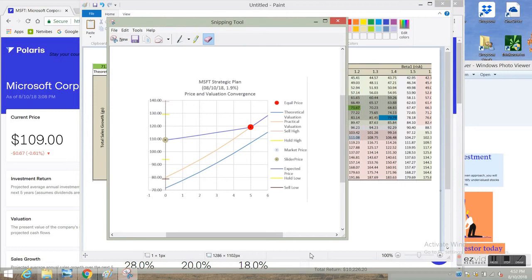Now, once you have a practical valuation, which in this graph is shown in the orange line, here today it's about $79.79, and then we assume the same increase in price that we did for the theoretical valuation, which is the blue line. So you end up with a parallel line, the orange line, which is the practical, to the theoretical.